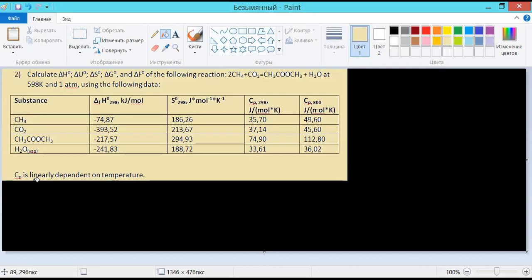In other words, we cannot consider the values of the heat capacities given as constant values. That means that we will have to do something about it. But what? That's the question. Okay, we'll try to do something.